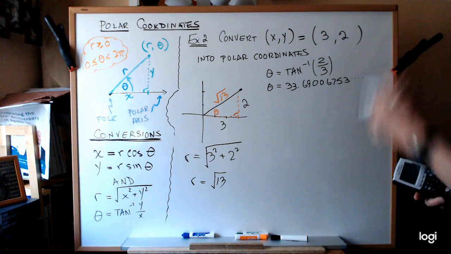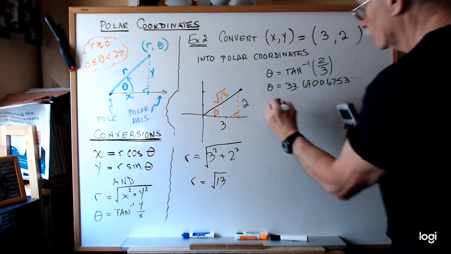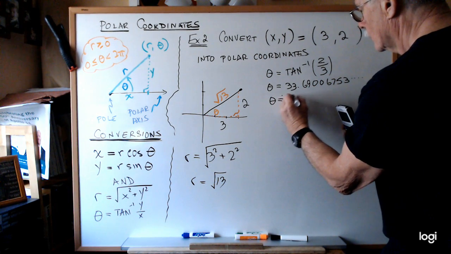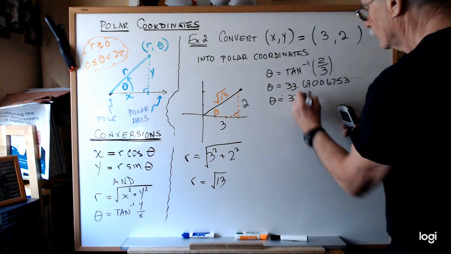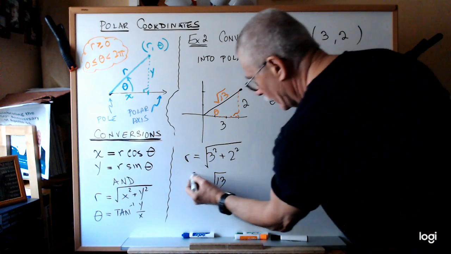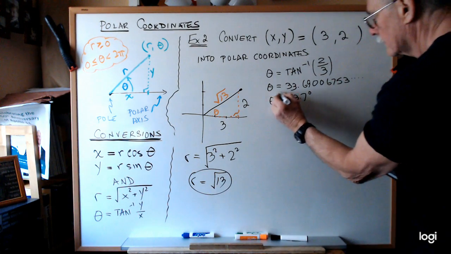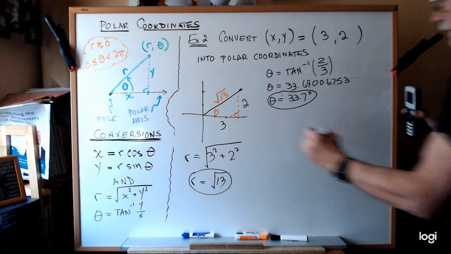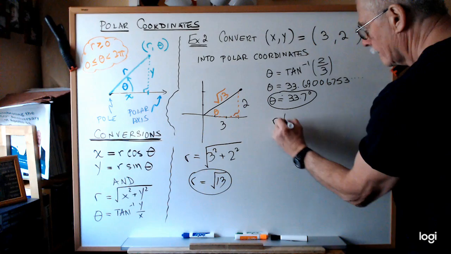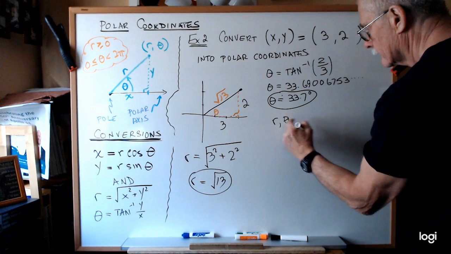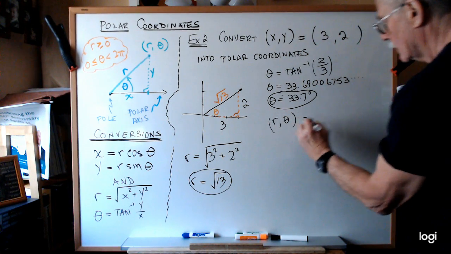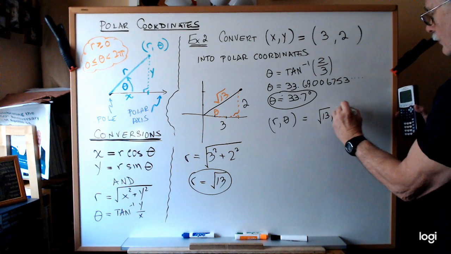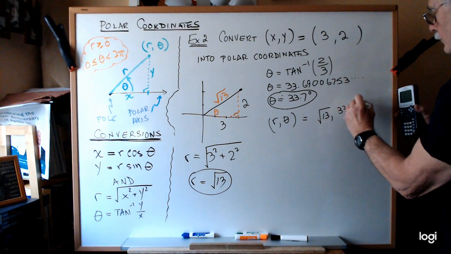So what I could do at this point is say theta approximately 33.7 degrees, and combine with my value r, I get that (r, theta) is (radical 13, 33.7 degrees).